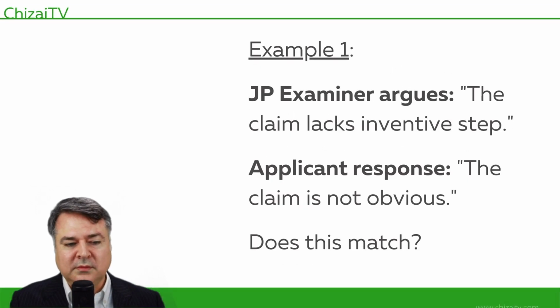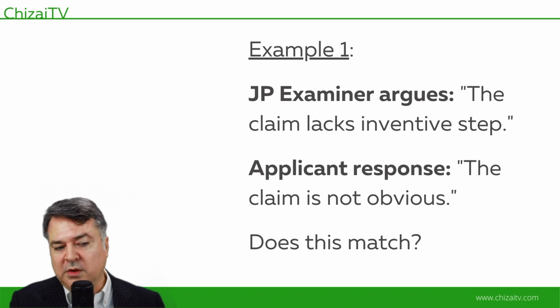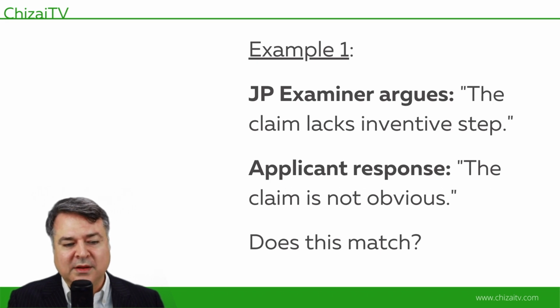For example, with your Japanese application, if the Japanese examiner argues that the claim lacks inventive step, the applicant response should probably not be that the claim is not obvious, because that's an argument that's used in the United States. So my question is, does this match? And no, it doesn't match.